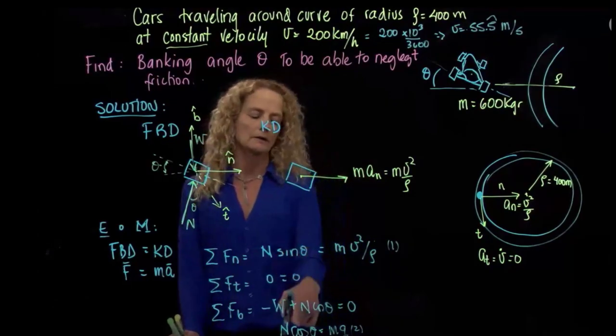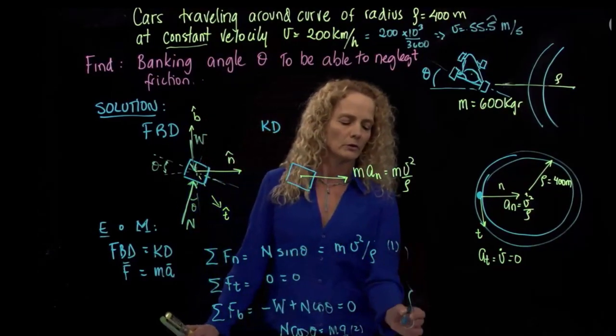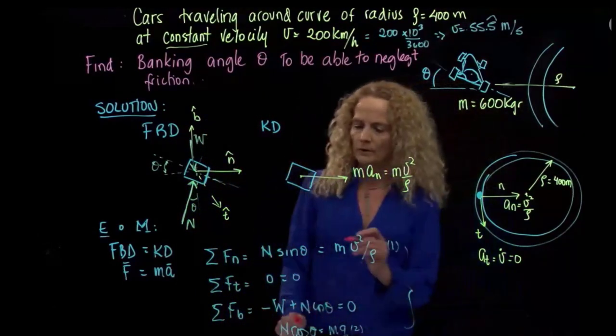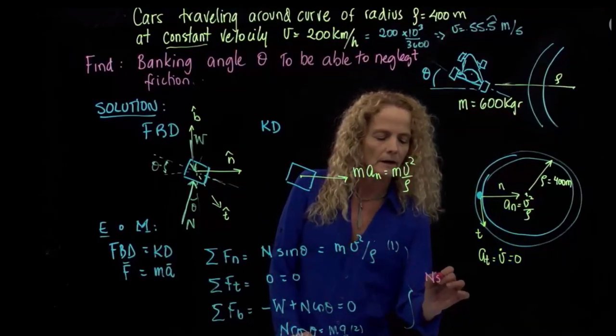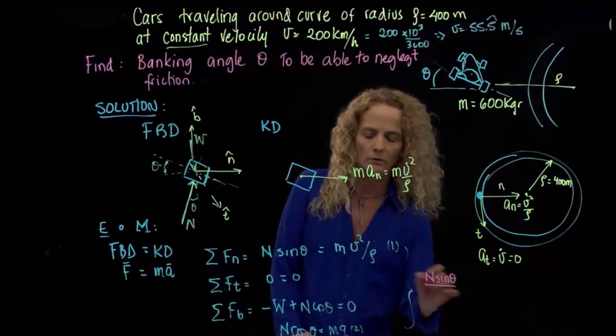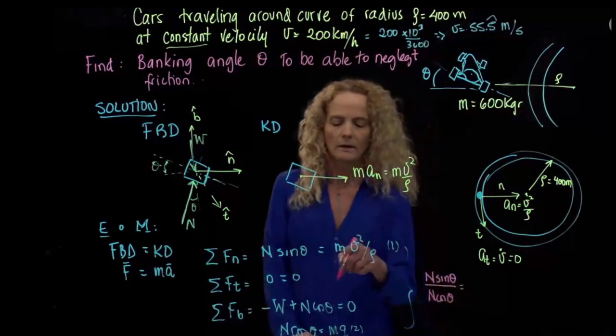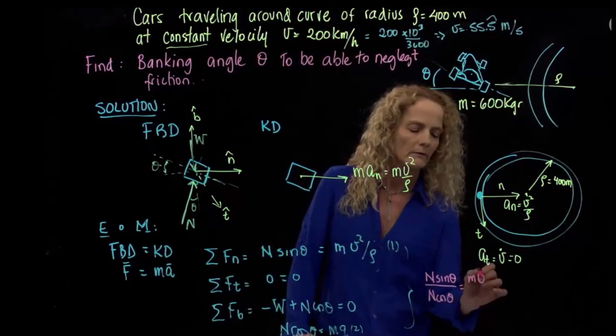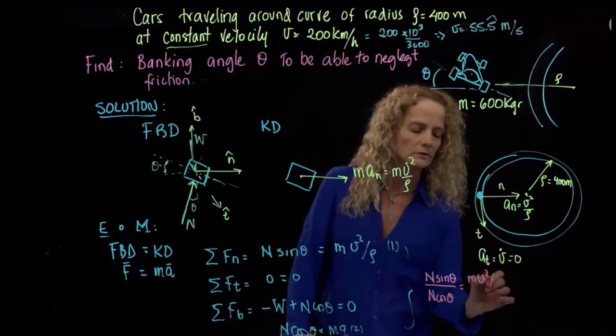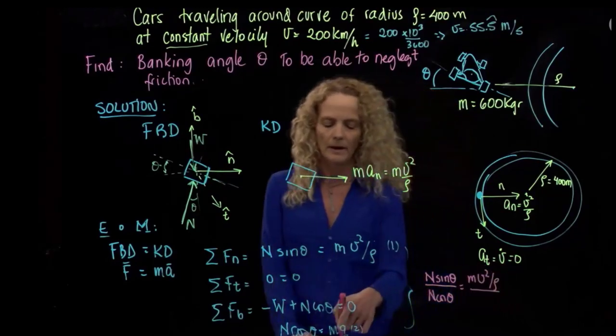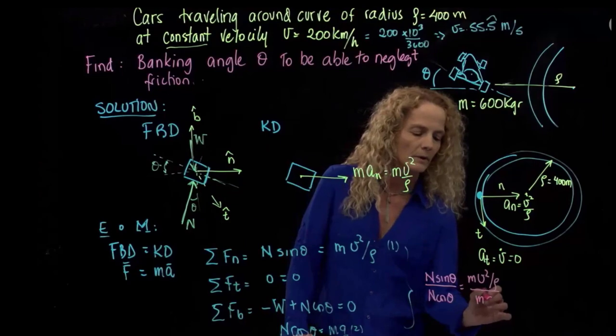As you see, with the sine and cosine, what I'm going to do is divide those two equations. So I have N sine of theta over N cosine of theta, and on this side I have m velocity squared over radius of curvature, divided by m gravity.